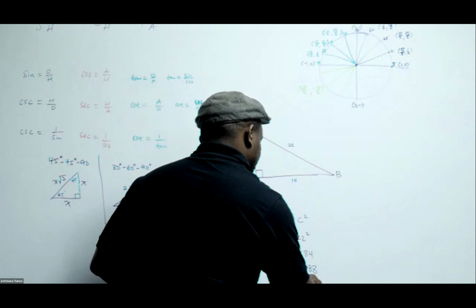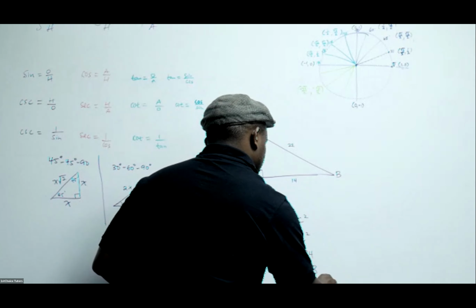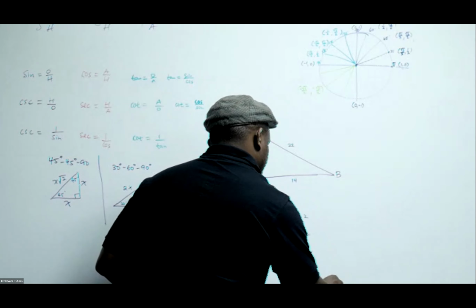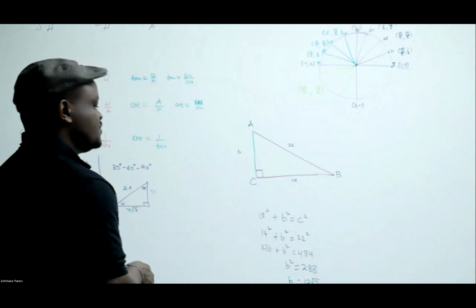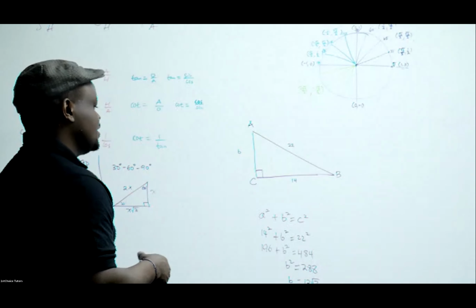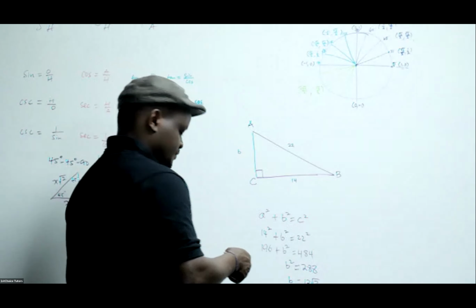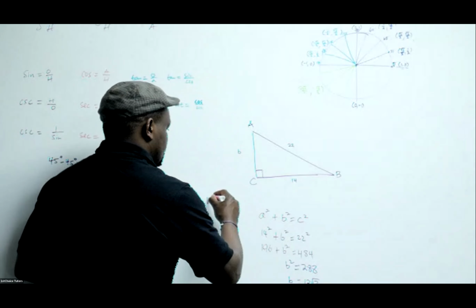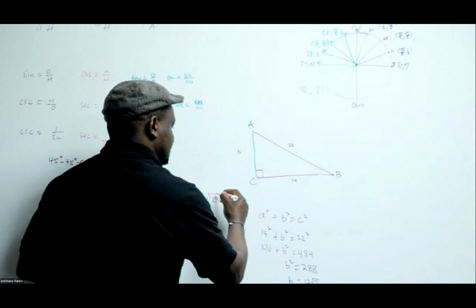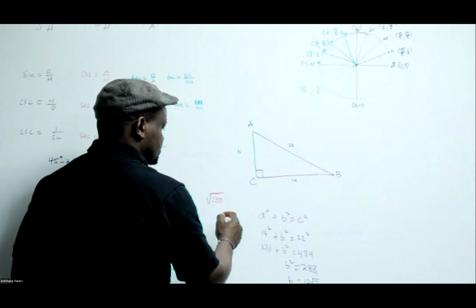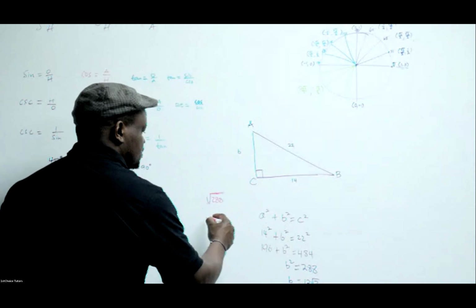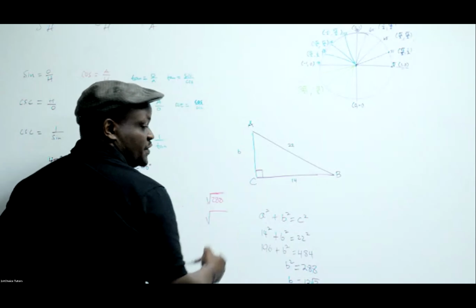And then the square root of 288. Well, we don't want a decimal. We want to leave it in this format. How did I get that? You're probably wondering. Square root of 288 is not a perfect square, but a while back we learned how to simplify these radicals. We've got to find two numbers that multiply together to give us 288.